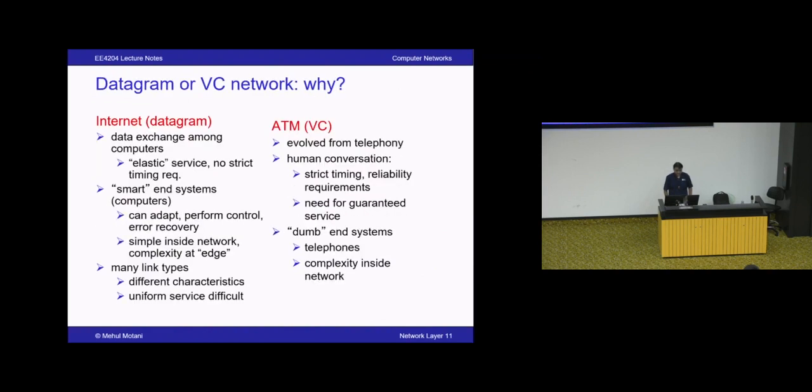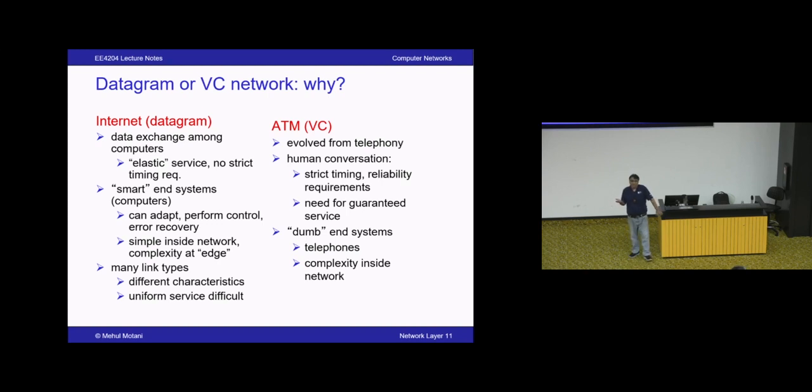Okay, so I think this issue of circuit switching versus packet switching is the same. The pros and cons are the same as we discussed during internetworking. If you want to have guaranteed services, you need to do circuit switching.